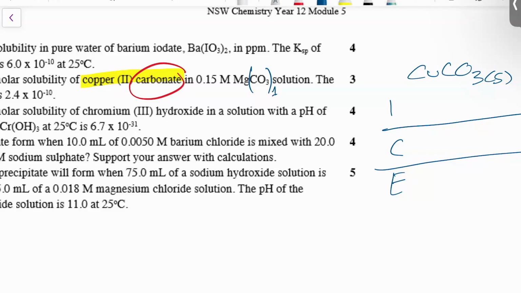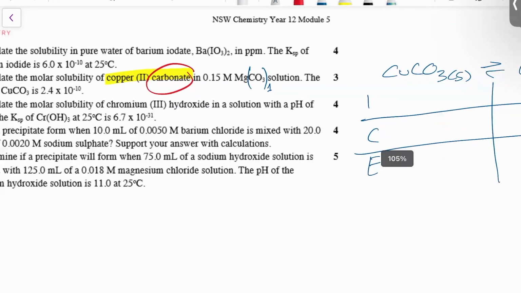So around the bracket CO3, there's a number 1, which means it's a 1-to-1 ratio of the whole molecule. So if it's 0.15 MgCO3, what's the CO3 concentration? 0.15 as well. Good, because it's a 1-to-1 ratio.